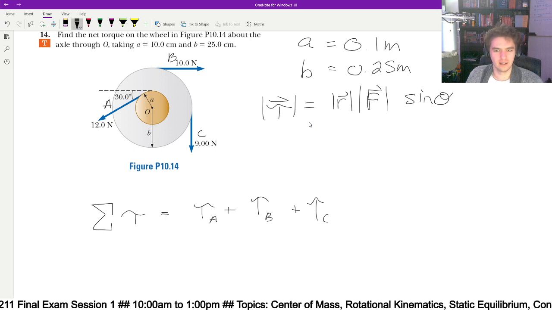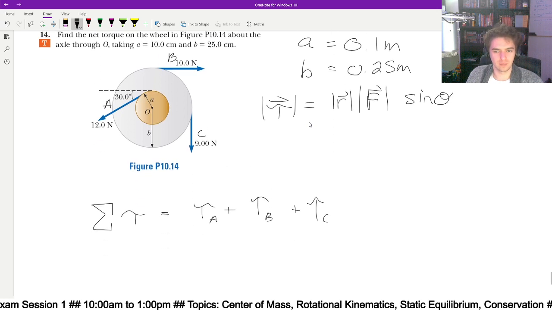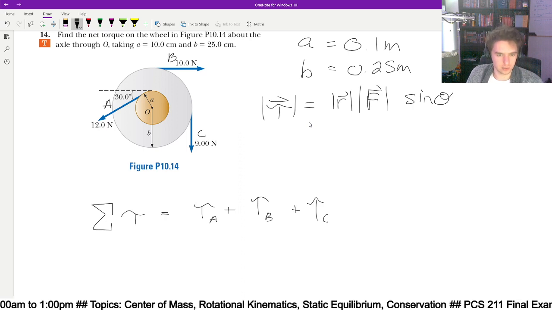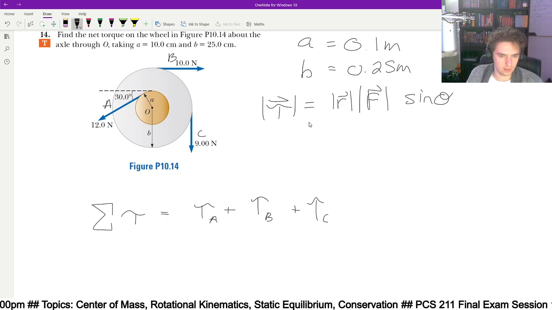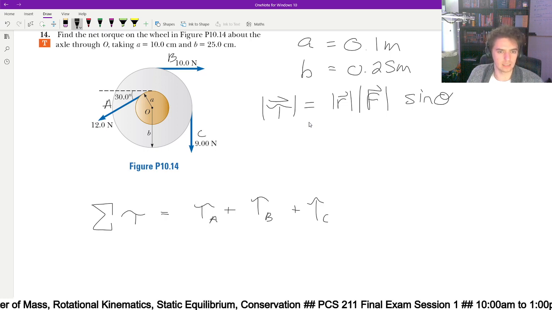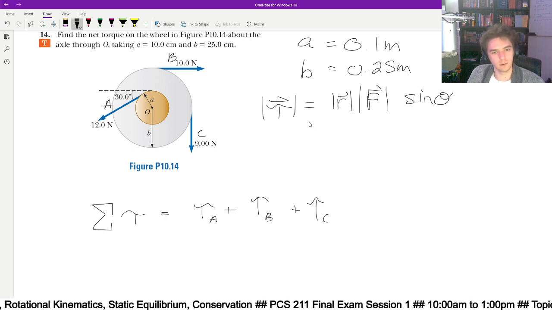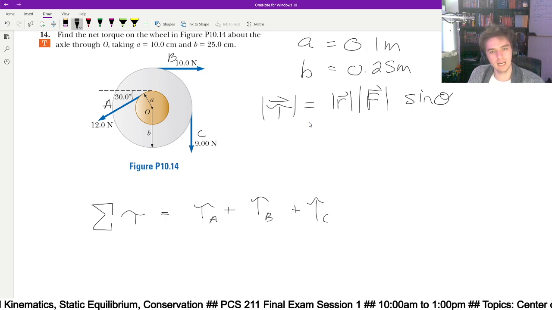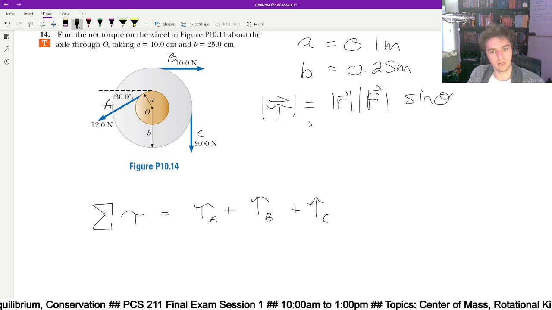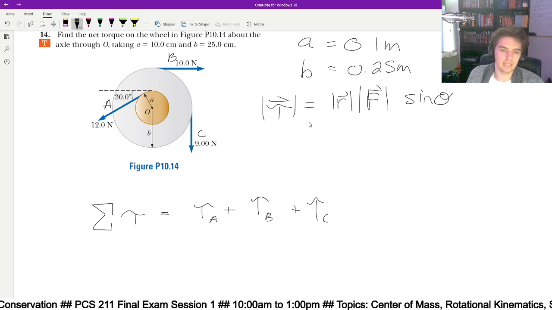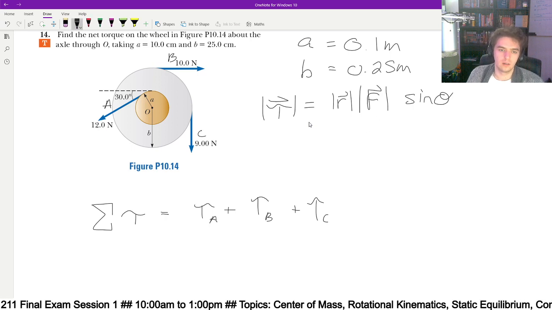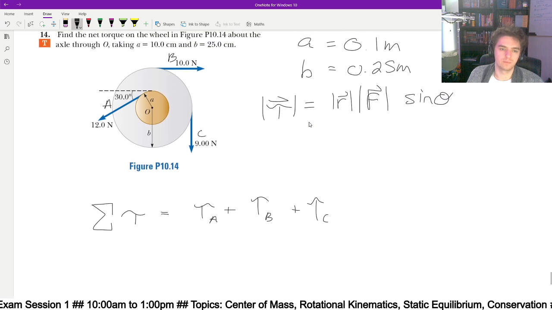Yeah, this is the cross product of R and F. R is how far away from the axle the force is being applied. The axle is this thing right here. F is the actual force being applied, and theta is the angle between these two things.